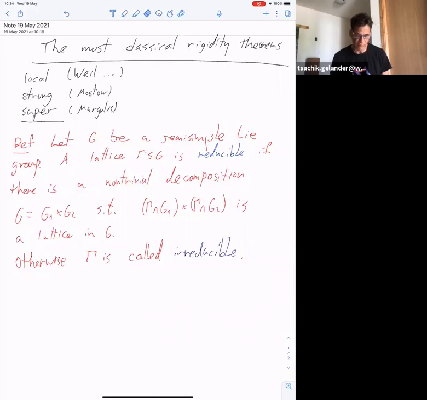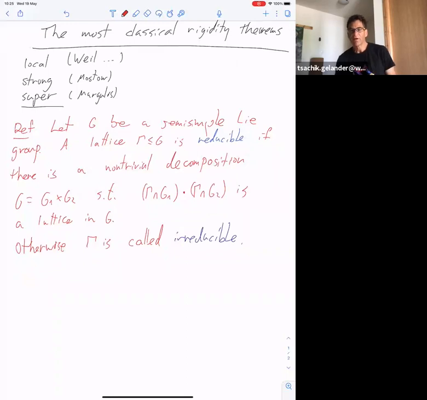If you assume that it's adjoint or simply connected, yeah, in general there can be. We allow usually semi-simple groups with centers, and then you write that there might be intersections. So to be more precise, you should write like this. But if G is adjoint, like center free, then it's an actual product.